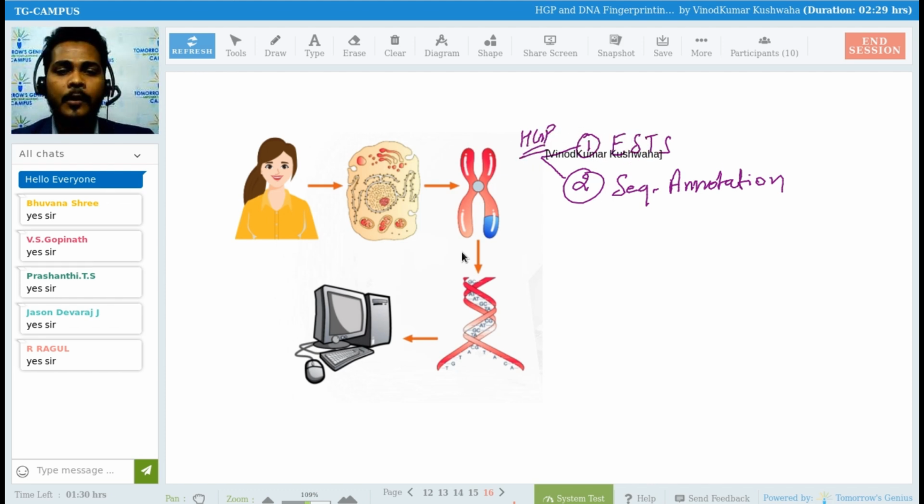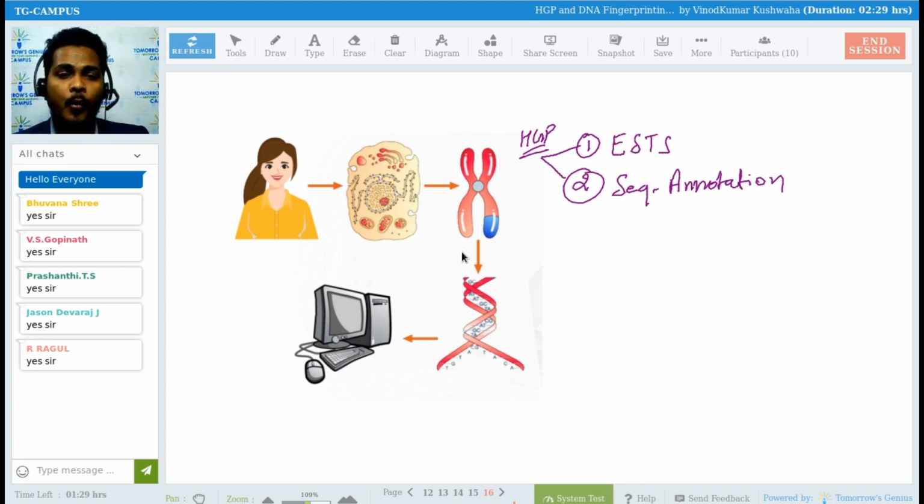Clear? So the whole genome, including both coding and non-coding regions, is first sequenced in the Human Genome Project, and later the functions are assigned to different regions. In this, sequence annotation has been carried out with the help of the diagram.